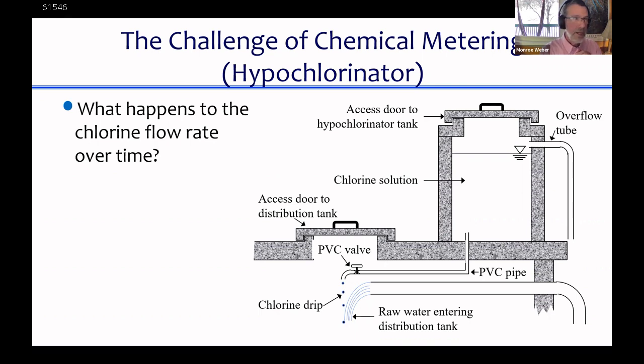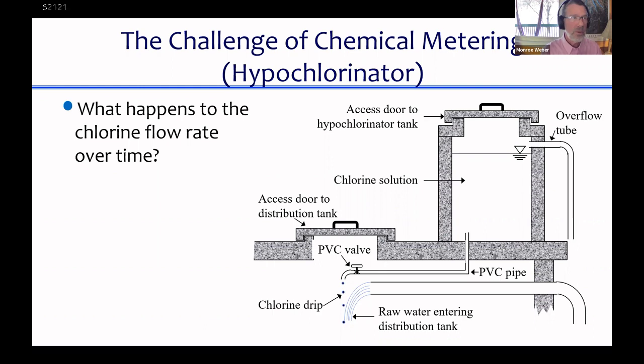Or said another way, the head loss through that valve is proportional to V squared. In either case, you see that as the height goes to zero, the flow goes to zero. And so as the chlorine solution is used, the dose of chlorine changes.